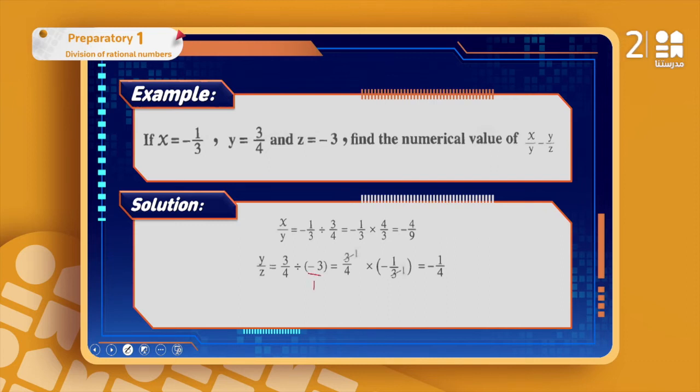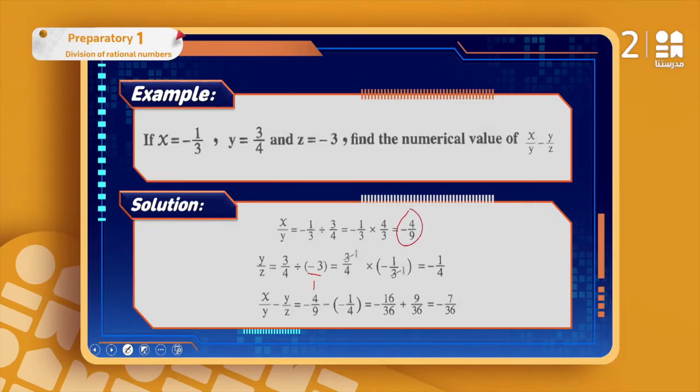We will flip it so it becomes -1 over 3. Then have a look, we can divide by 3 up and down, so 1 times 1 is 1, and 4 times 1 is 4. And here the first fraction is positive, the second is negative, so positive times negative is negative. We need to subtract them now.